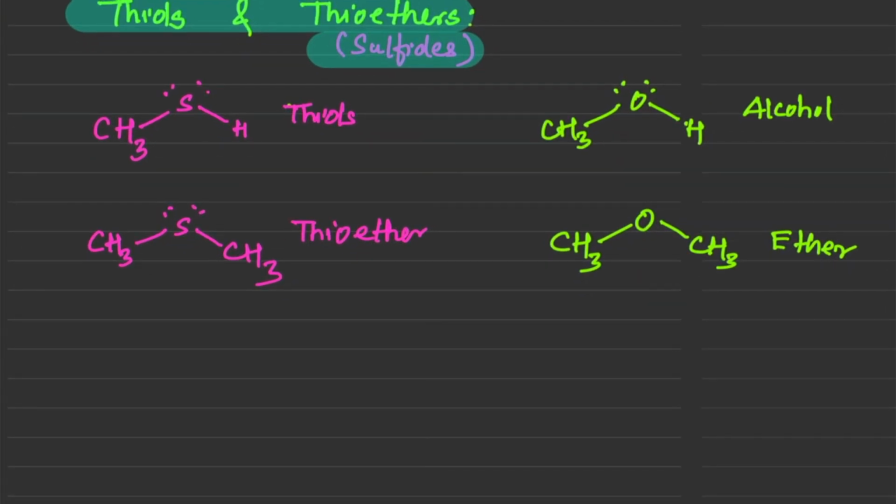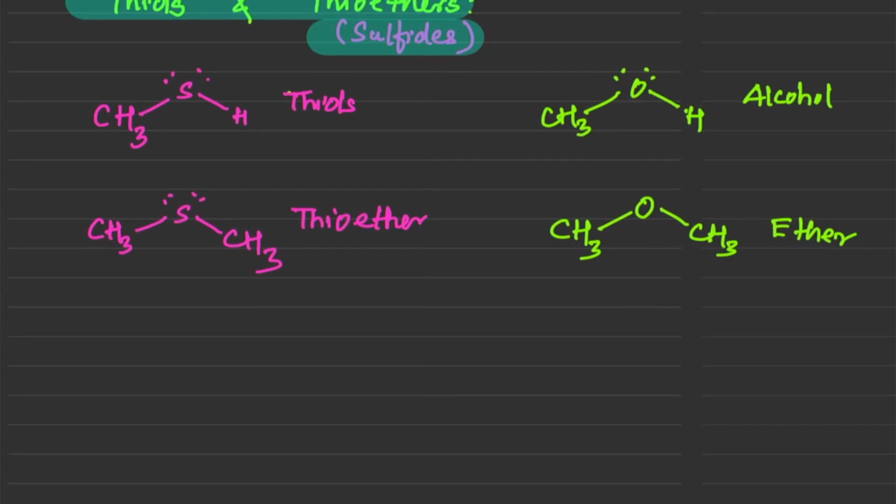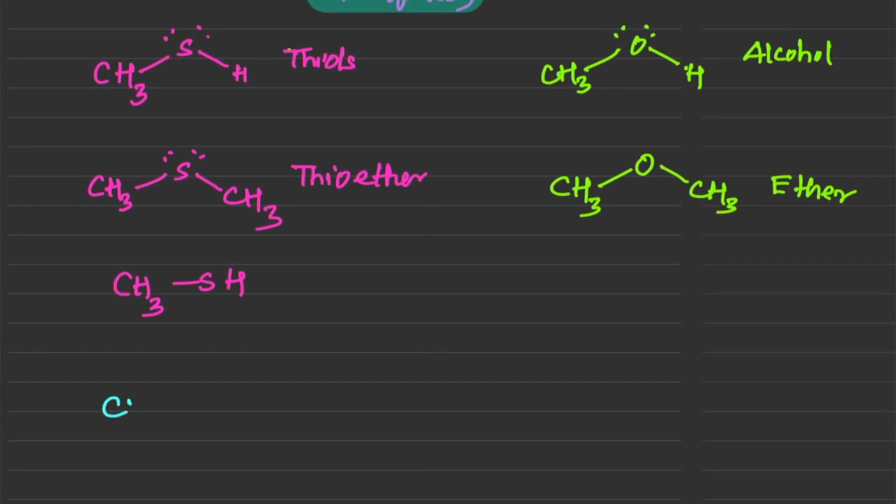Let's do a couple of key properties of thiols. So thiols are more acidic. If you compare a thiol versus an alcohol, the pKa of the alcohol is around 15.7.